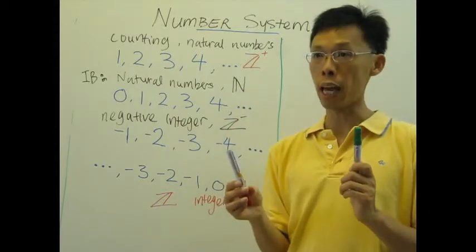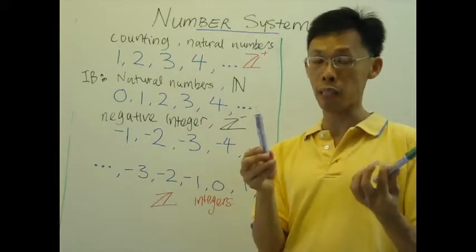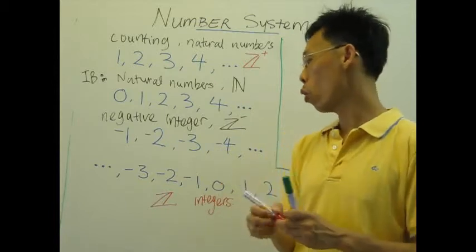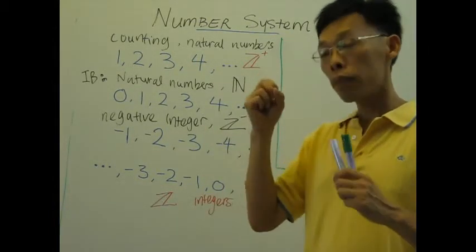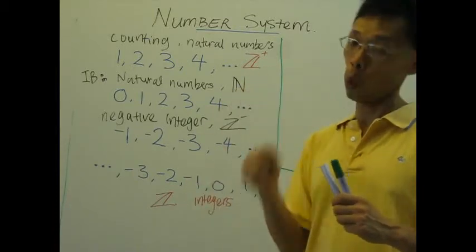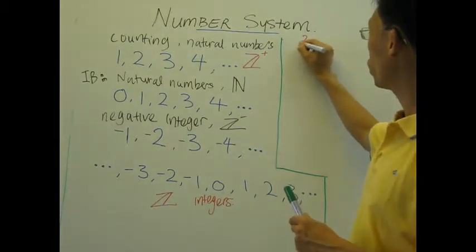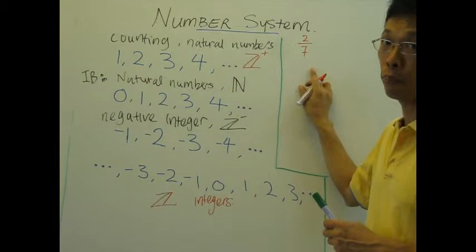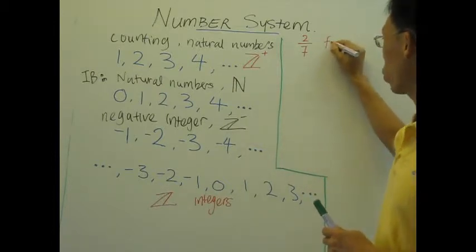And how about multiplication? So if you have 2 and here's 7, 2 times 7 is 14. That's also an integer. Therefore, when you have 2 integers, you take the product of them, it's also an integer. Having said so, if you have 2 divided by 7, well, that's not an integer. This is a ratio, right? You can call this a fraction.